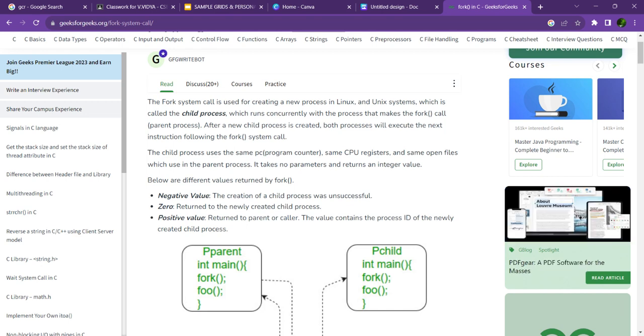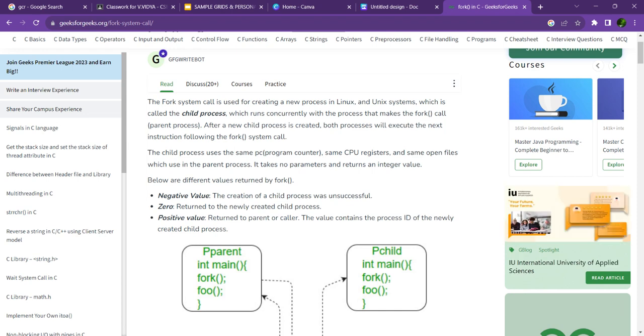After a new child process is created, both the processes will execute the next instruction following the system call, which means that suppose in a particular snippet of C code, in the main function, after a particular statement, if I write fork, the function symbol, and give a semicolon, which means that when the compiler starts running the code from the first line, when it comes to the line which contains the statement of fork, immediately after executing the fork system call, there will be two processes created.